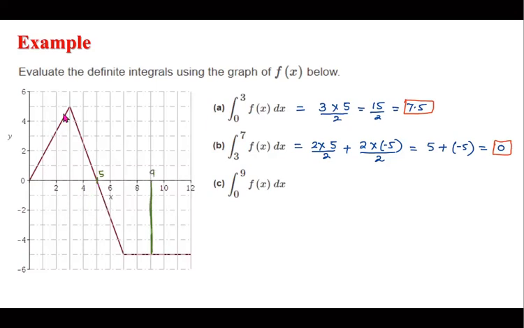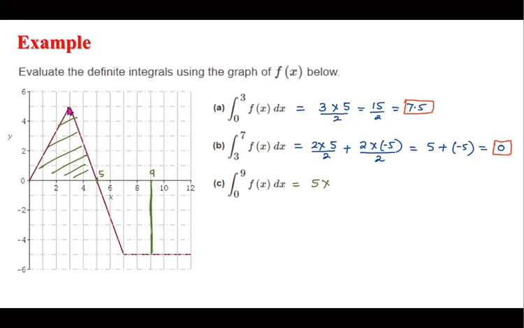What we can do is this one above the x-axis is a triangle. We can find that area easily. It is base times height divided by 2. You can look here, this is 5 units long, so base is 5 times the height.